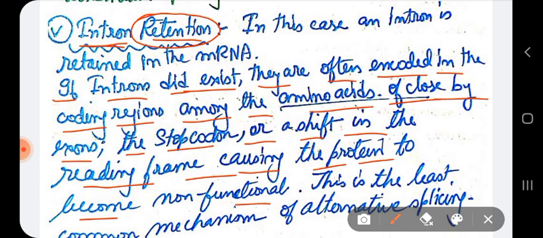And this is the least common mechanism in alternative splicing. It is found very rarely.